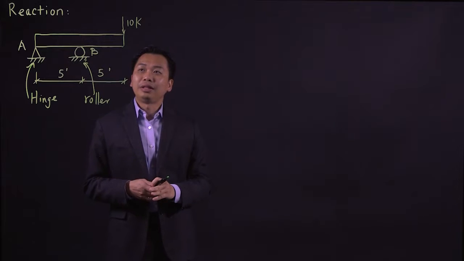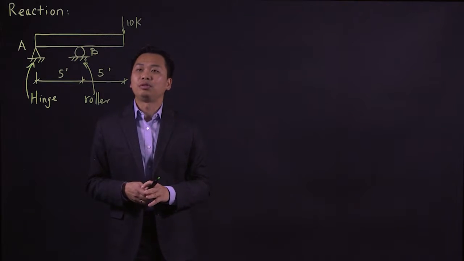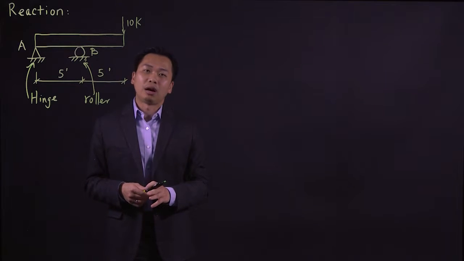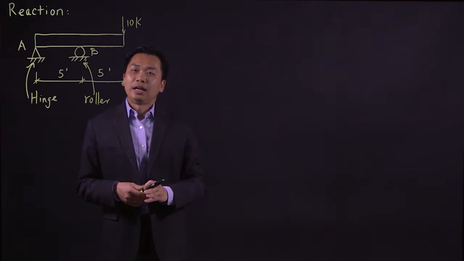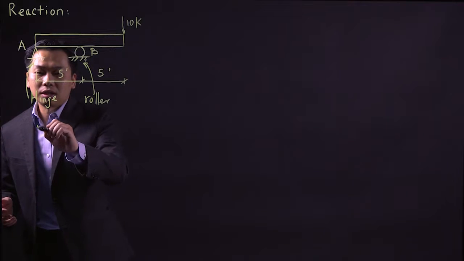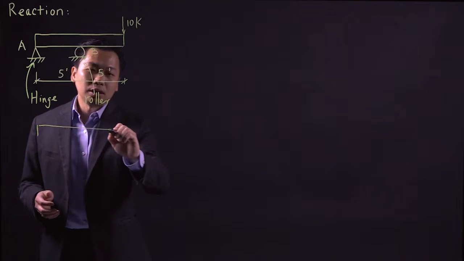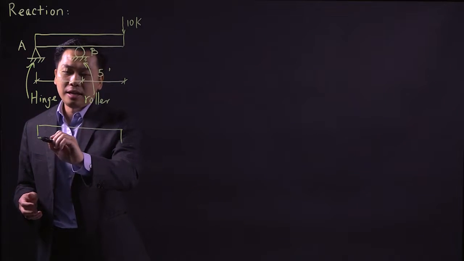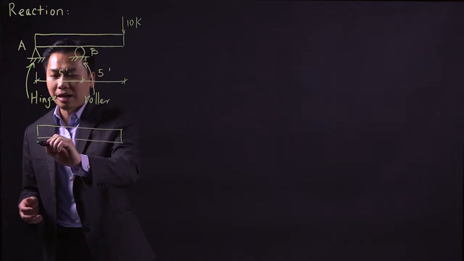Before we can calculate the reactions, one thing we need to do first is draw something called the free body diagram. In the free body diagram, we take out those supports and expose the reaction forces.